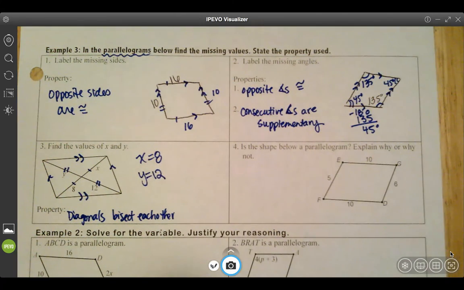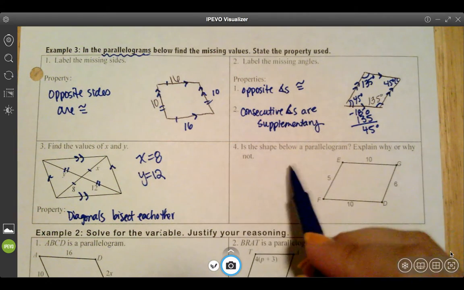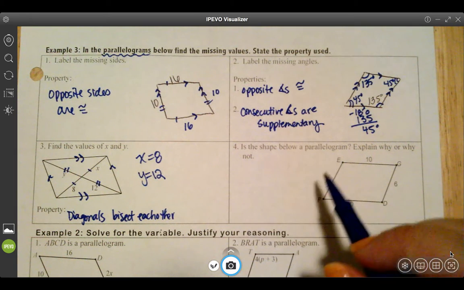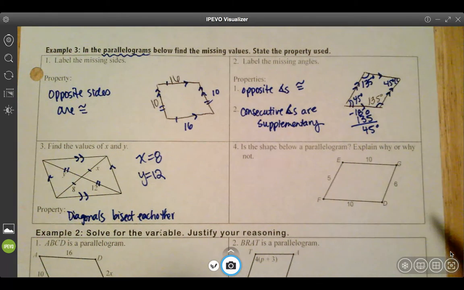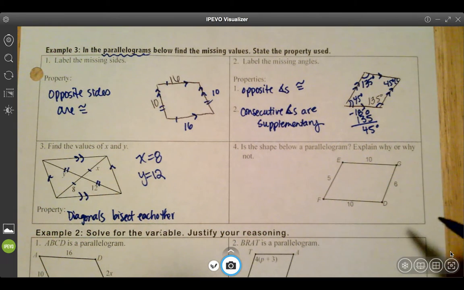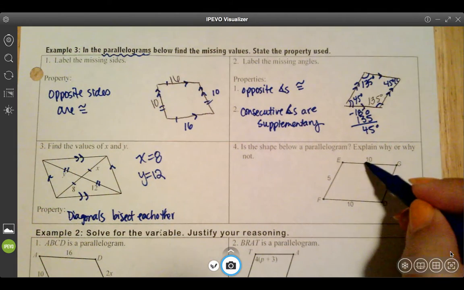For number 4, this time we want to know if it's a parallelogram. So how can we tell that this is a parallelogram? Well, we could check if the opposite sides are parallel. We're not given any indication of whether or not these are parallel. So then we need to use some properties. Every parallelogram has opposite sides congruent. So these two are congruent.